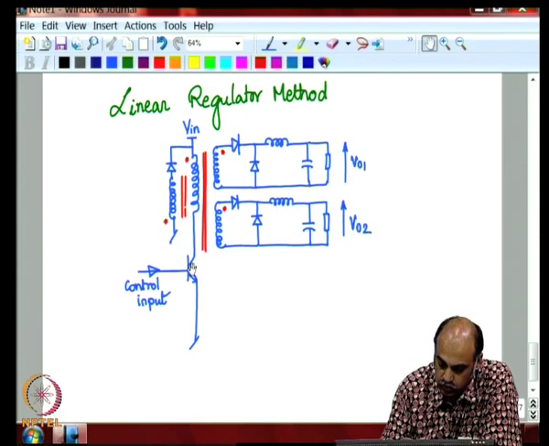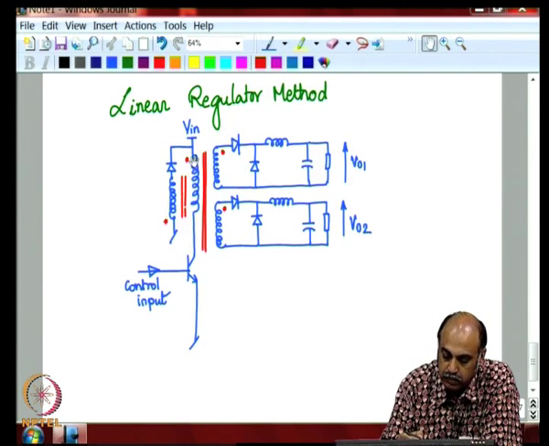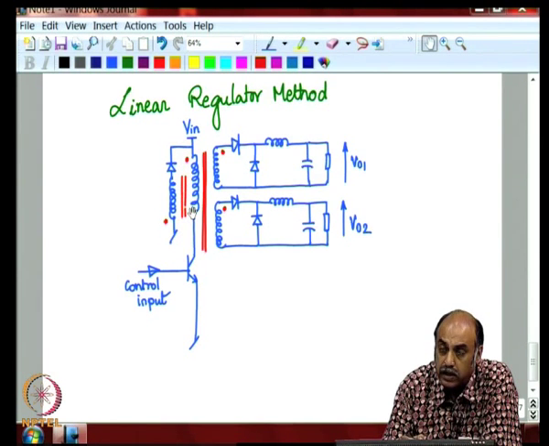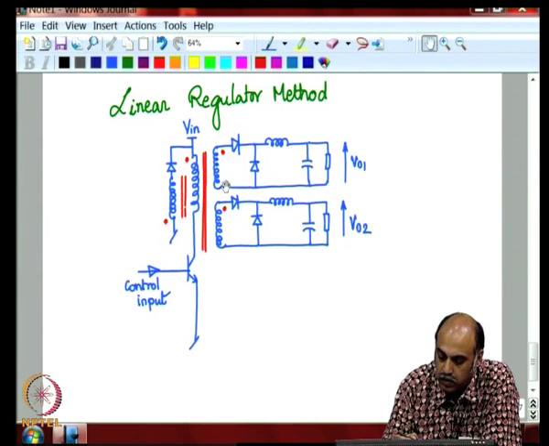Now, this is switched off. The moment this is switched off, there is a reversal of polarity, the dot end becomes negative, the non-dot end becomes positive. This diode is turned off, and the inductor will start freewheeling like this.